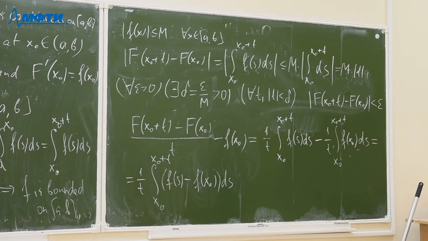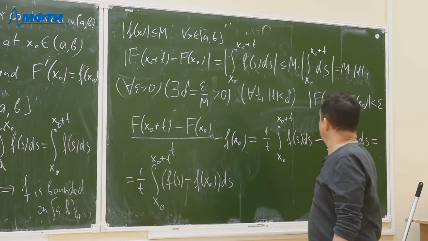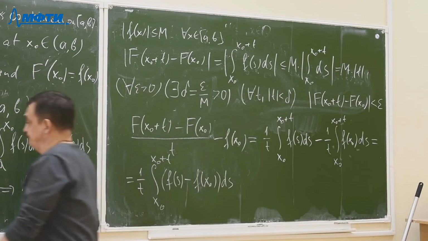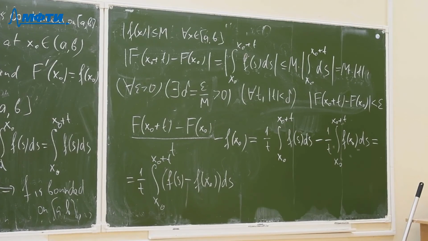Now look, we know f is continuous, right, at x naught. It means that, what can we observe?